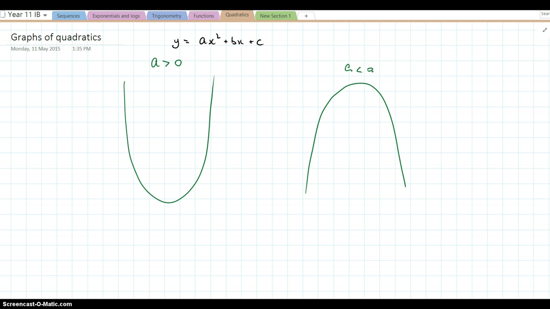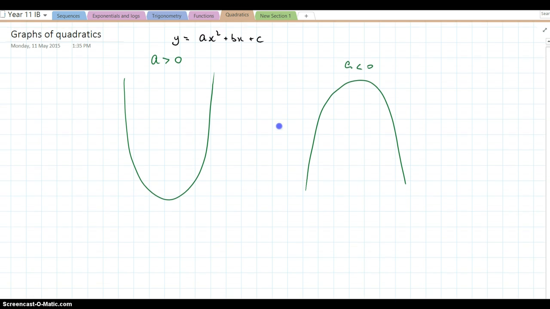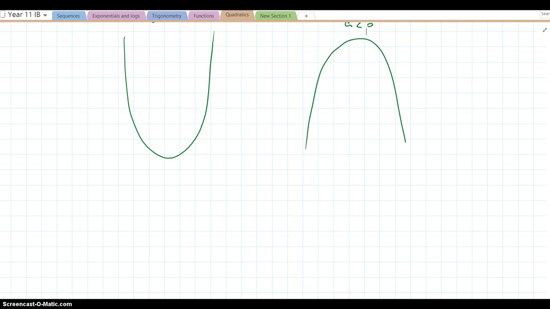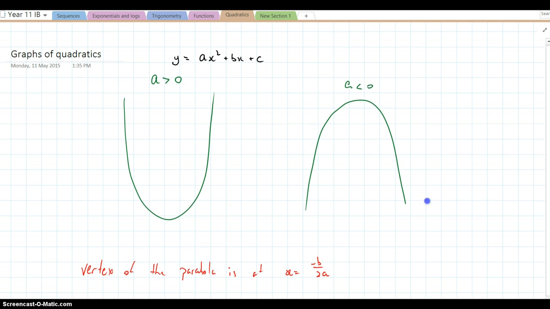Okay, delving a little bit deeper, and as we discussed today, the vertex of the parabola is at x equals minus b over 2a.